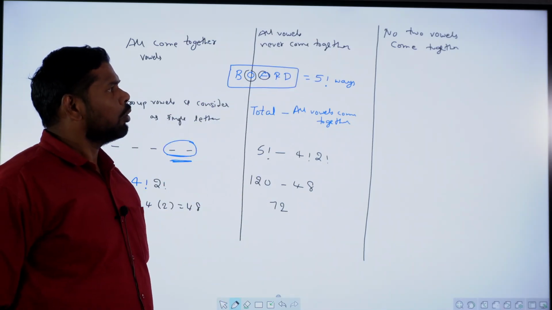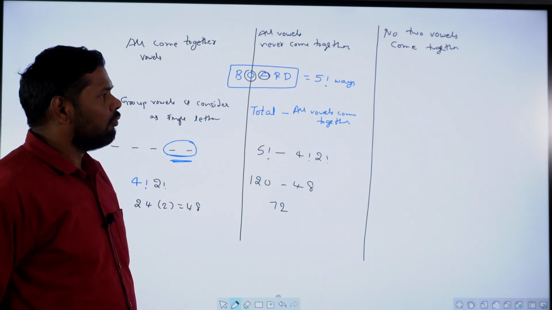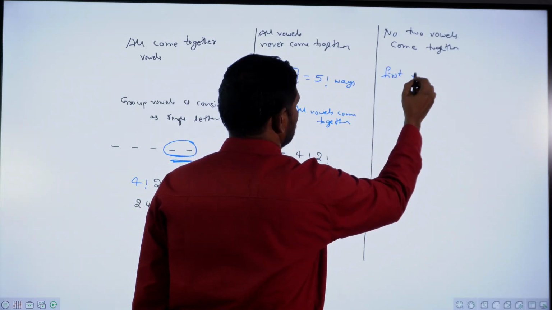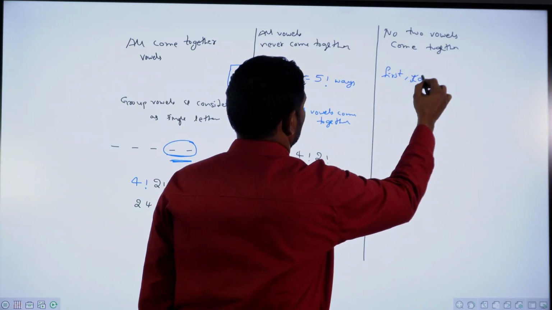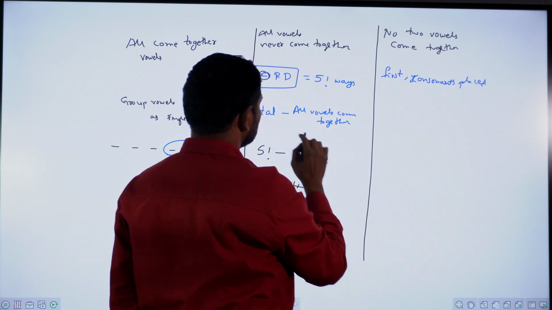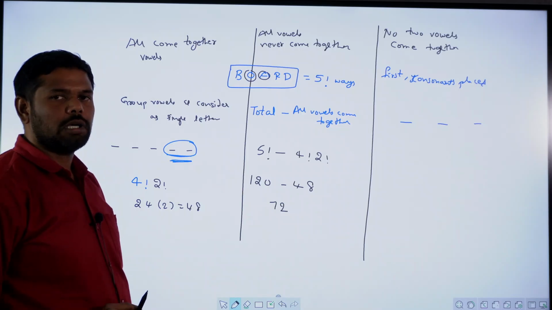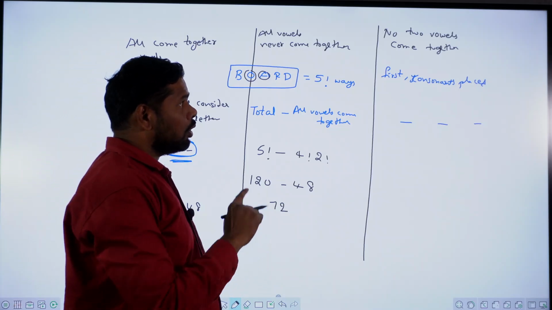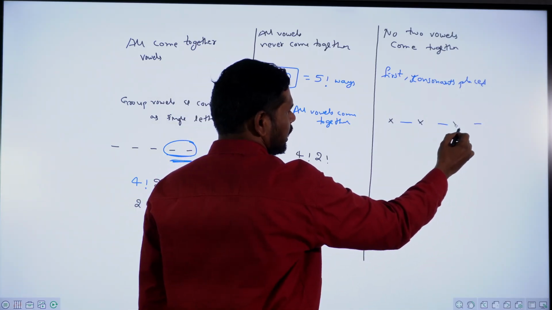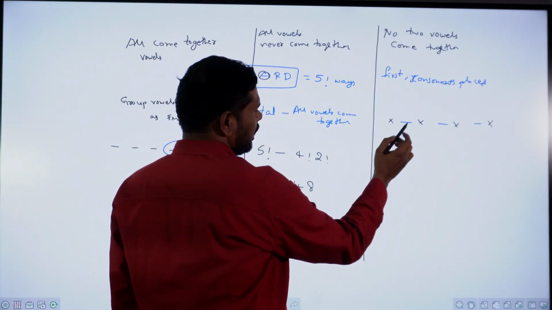Now this is important: no two vowels come together. Observe carefully. First, we place the consonants. How many consonants? 3 consonants. Suppose 1, 2, 3. With 3 consonants placed, no 2 vowels come together means the vowels may be on either side of this consonant, or this one, or this one.